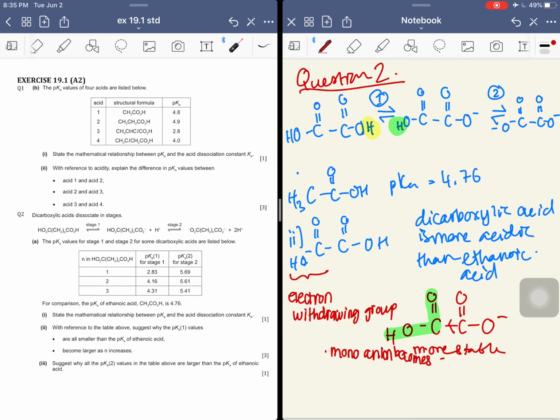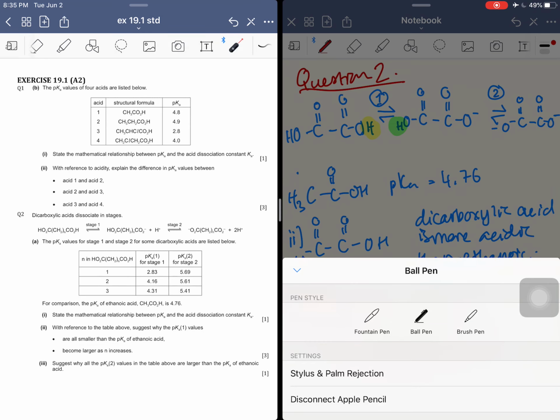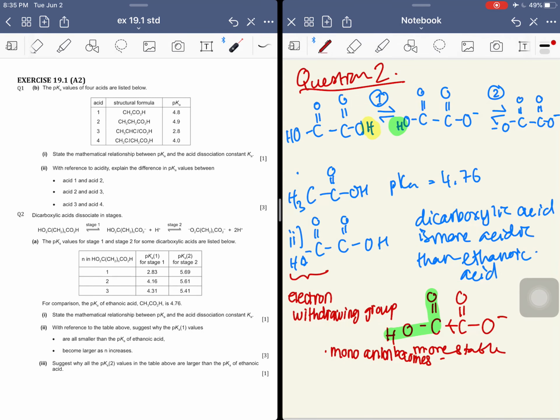If you look at ethanoic acid, or I should talk about the ethanoate ion, you have COO minus and then you have a CH3. CH3 is an electron donating group. You are adding electron density to an already negative species, so this is very unstable.